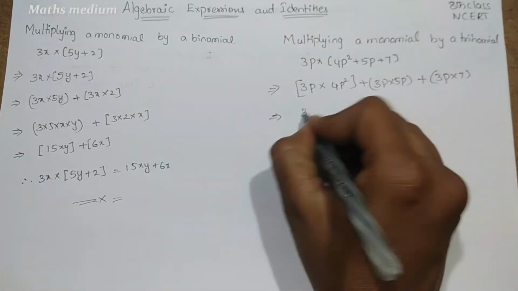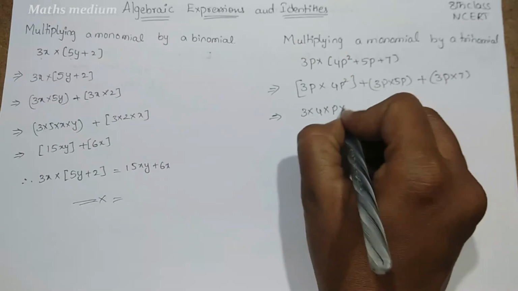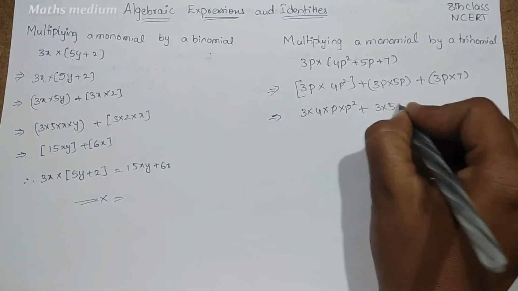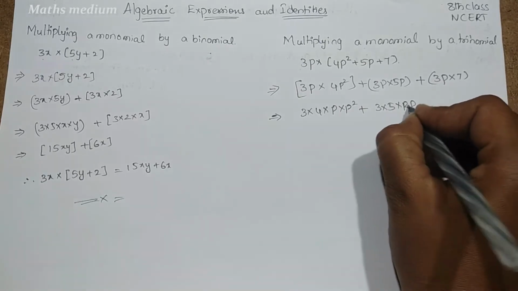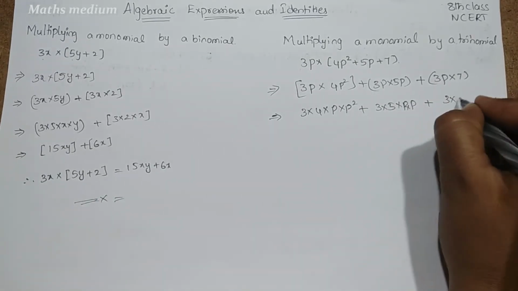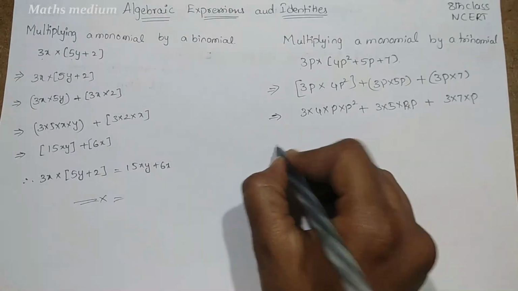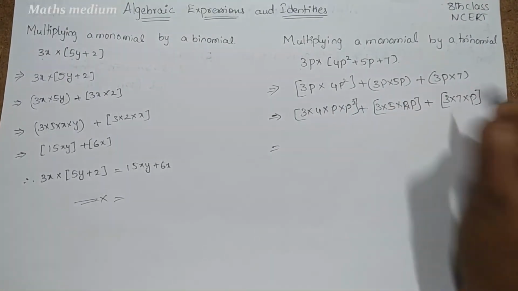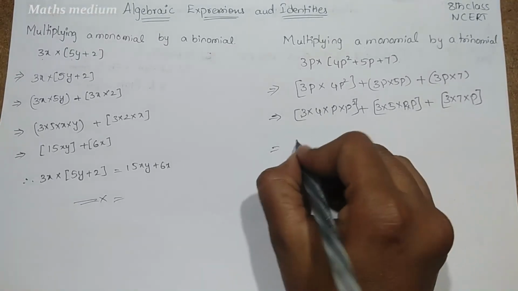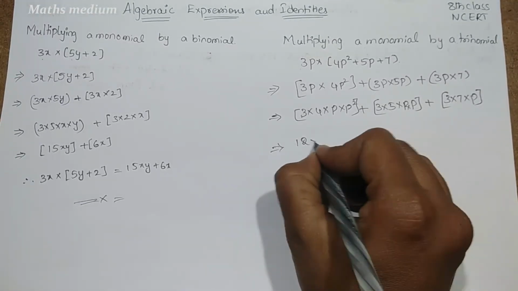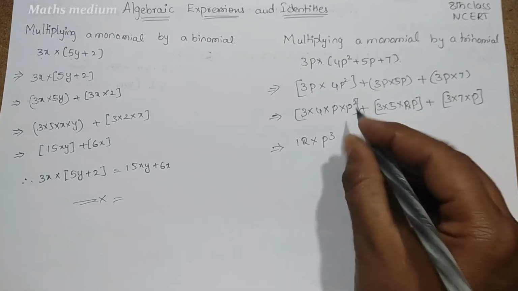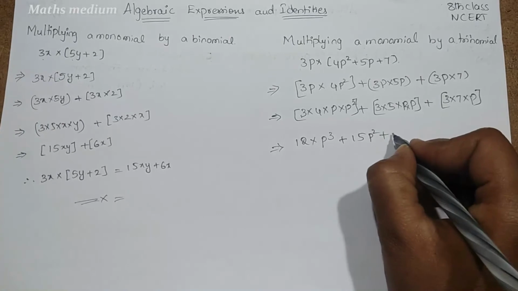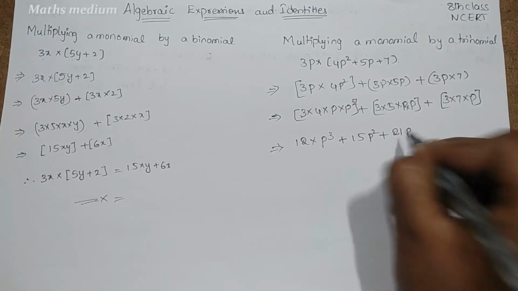Therefore, 3 into 4 into p square plus 3 into 5 into p plus 3 into 7 into p. If you get confused, make it like this. Now, 3 4s are 12 into p cube plus 3 5s are 15p square plus 3 7s are 21p.